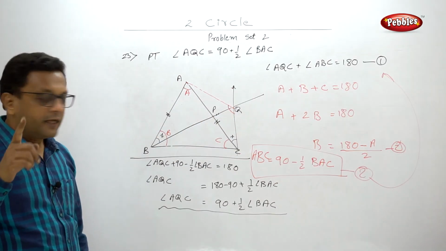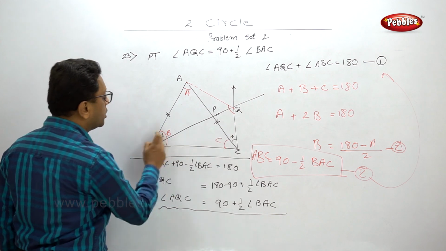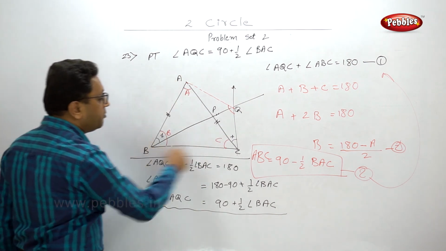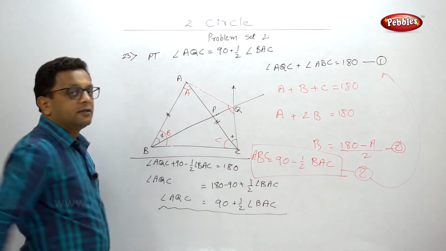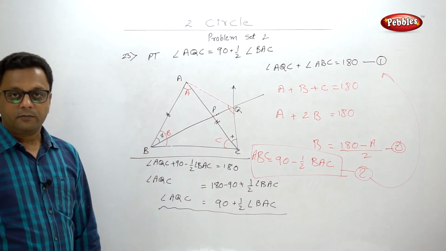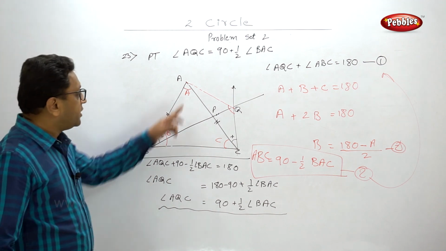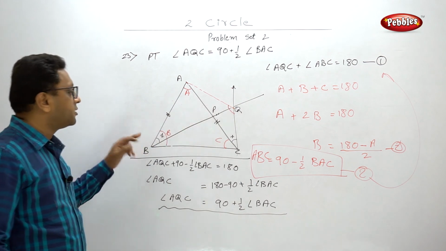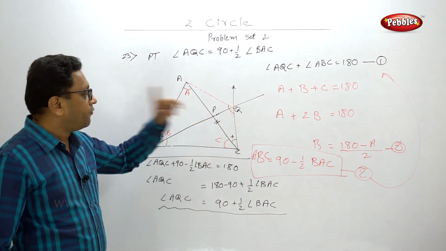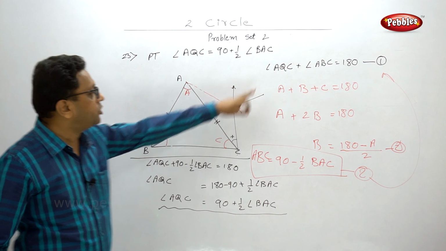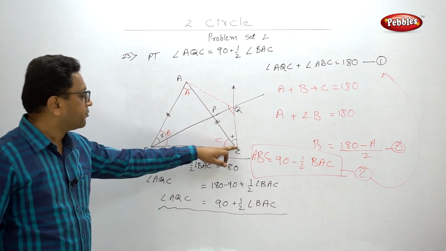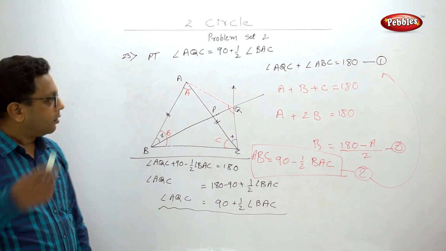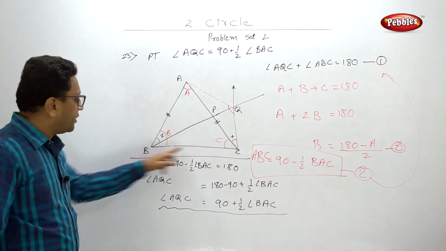This AQ is subtending two congruent angles and hence ABCQ is a cyclic quadrilateral. Now when ABCQ is a cyclic quadrilateral, that means opposite angles are supplementary. That means the first equation we got, AQC plus ABC is equal to 180. Now consider this triangle.